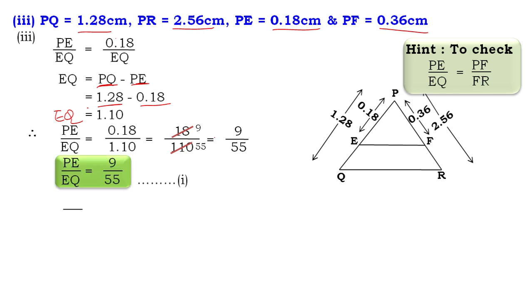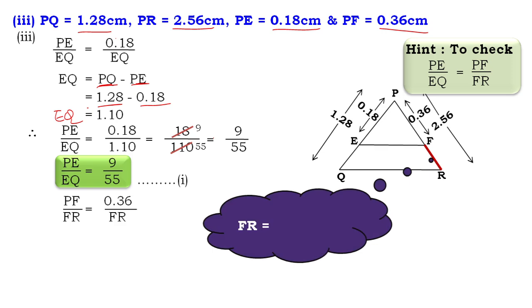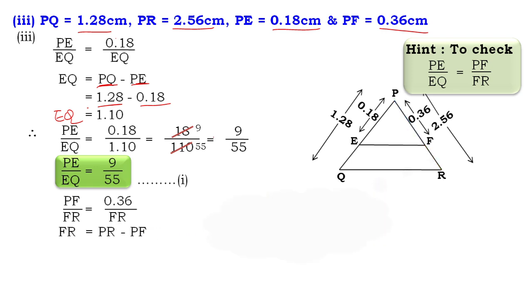That is equation 1. Then PF divided by FR, what is the value of PF? 0.36. FR is nothing but PR minus PF. Now what is the value of PR? 2.56.